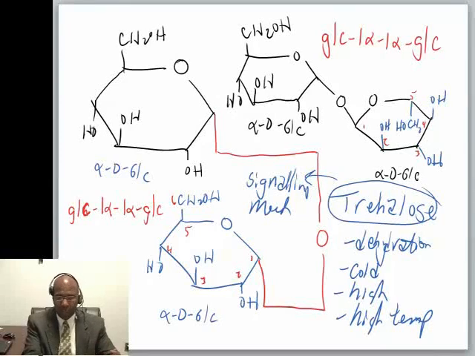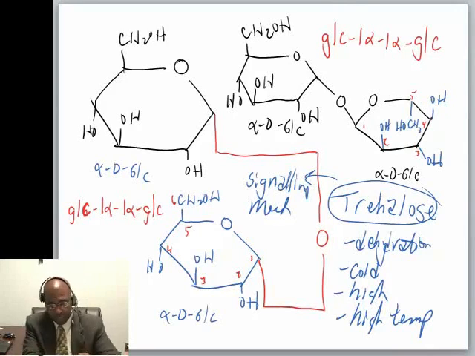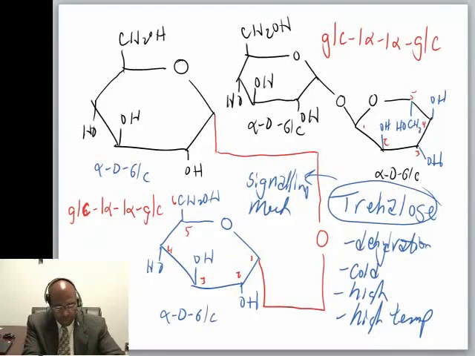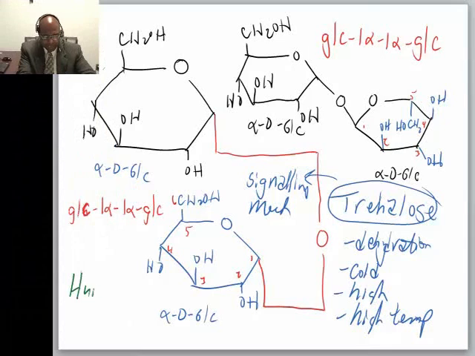I was looking on the internet about trehalose, and I saw that there's a paper out about trehalose, and it says that trehalose may be involved in the treatment of Huntington's disease. I don't know. Huntington's disease.